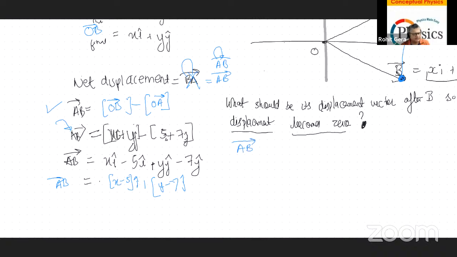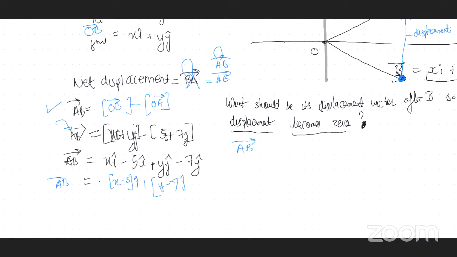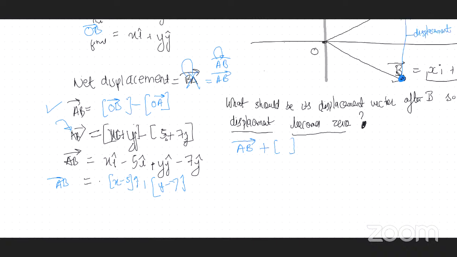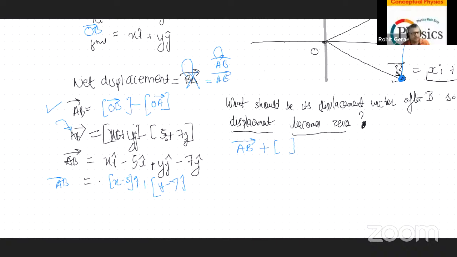I'm saying please do another displacement, which we don't know, so that the net displacement becomes zero. So let the vector that represents that displacement be a vector x. You are doing x displacement, we don't know how much, which will make the net displacement zero.